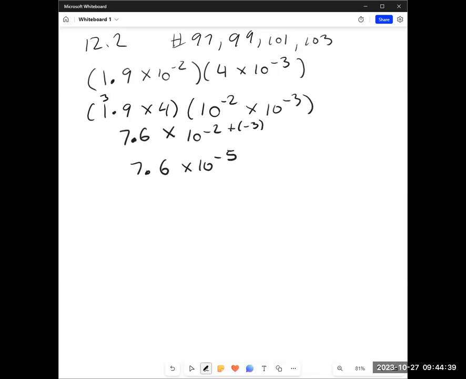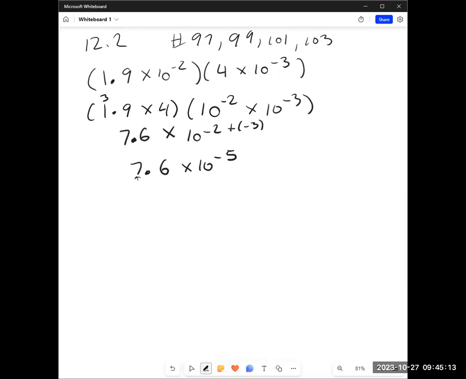Scientific notation is going to have a non-zero number, a significant digit, we call it, to the left of the decimal point, just one significant digit to the left of the decimal point. All other significant digits are to the right of the decimal point, and times 10 to the power of some exponent, where the 10 to the power tells us the place value that this number was in.